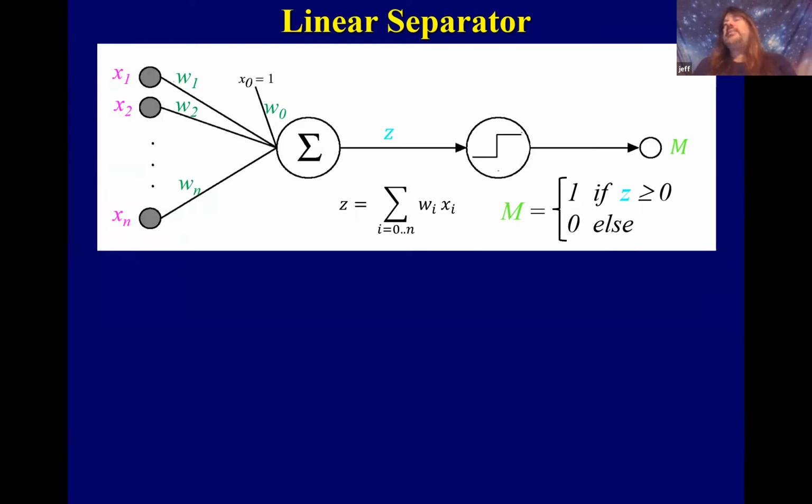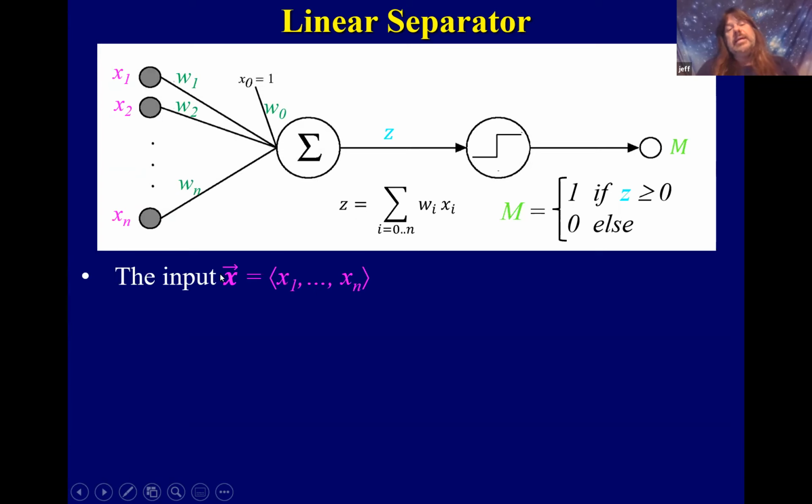So if you were here last time, we talked about these artificial neurons, and they have an X value. The input is this tuple of numbers, and each of the numbers gets fed into one of these little nodes here, and each edge has a weight.